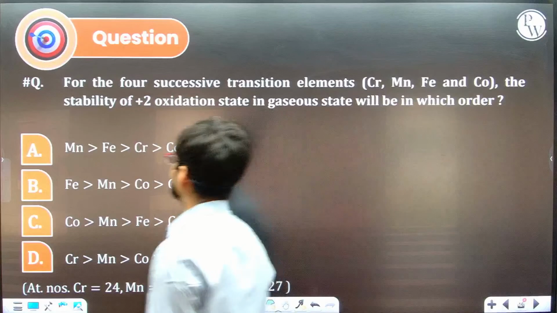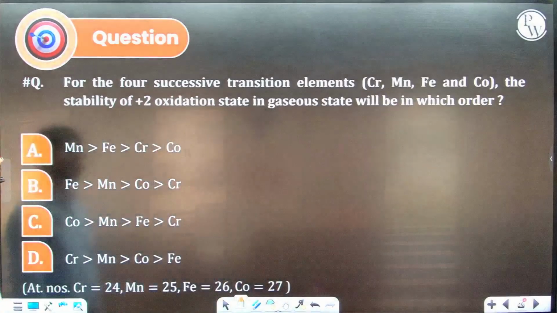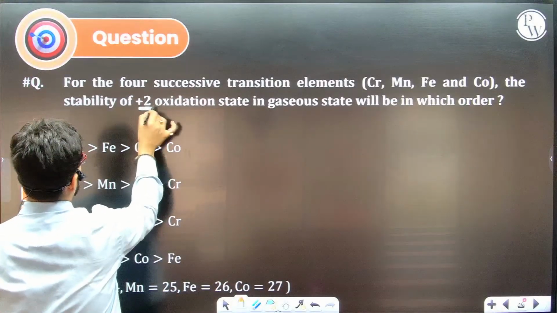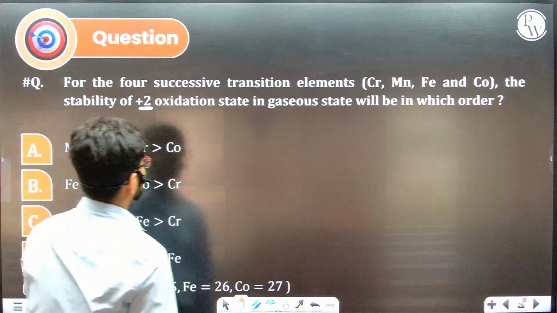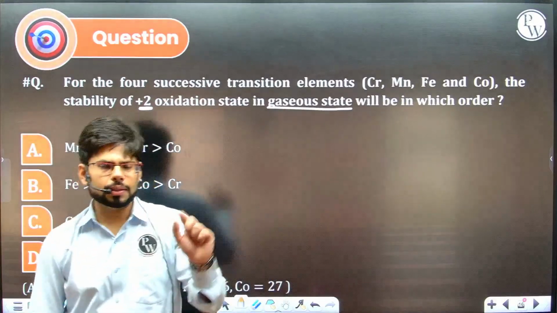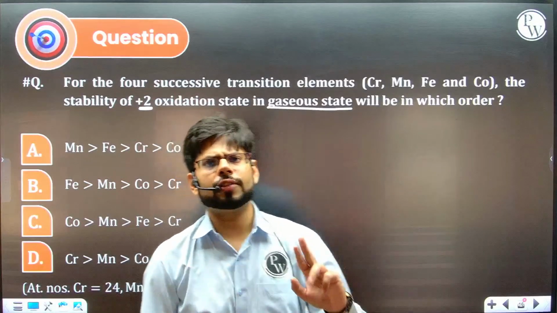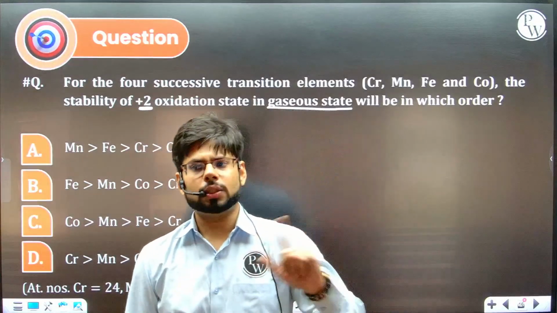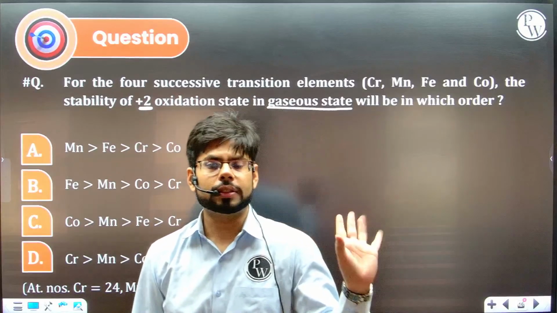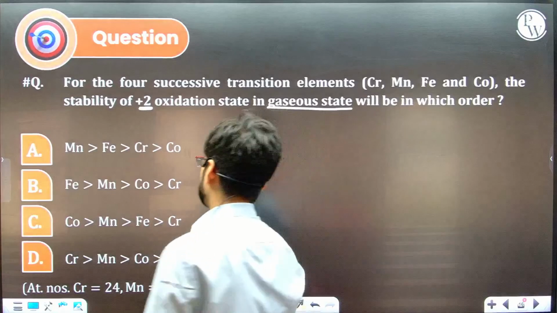Next question. For the 4 successive transition elements, chromium, manganese, iron and cobalt, what is the order of stability of +2? Take care of this, not +3, +2 oxidation state in gaseous state. Now you have to remember the order of stabilities of +2 oxidation states and +3 oxidation states for the elements of the 3d series. So keep this in mind.